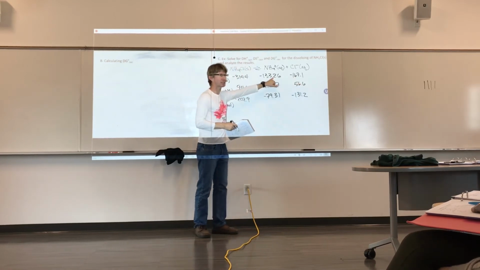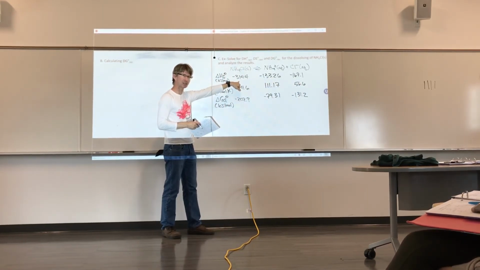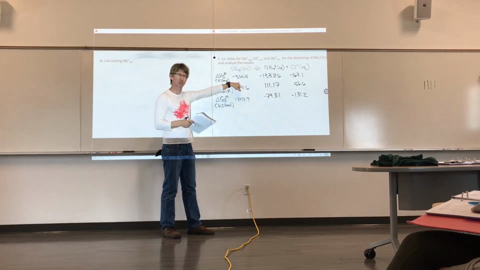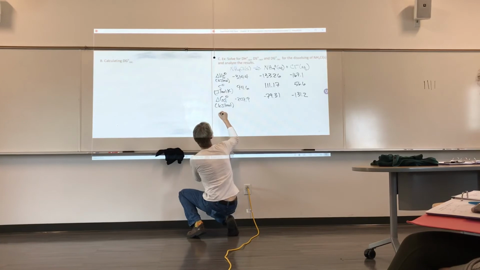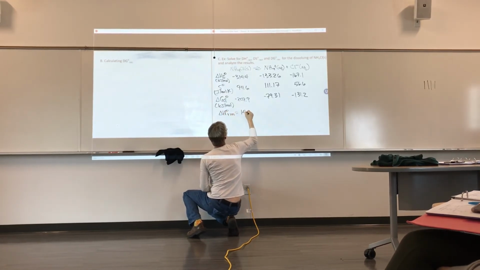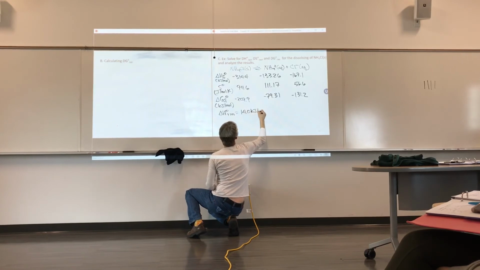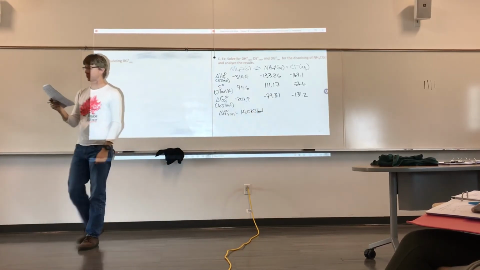Take these two numbers, which are products, subtract off your reactant value. I'm just going to show the results so we can talk about the results. Delta H naught reaction is 14.0 kilojoules per mole.